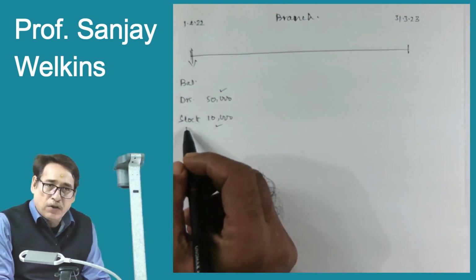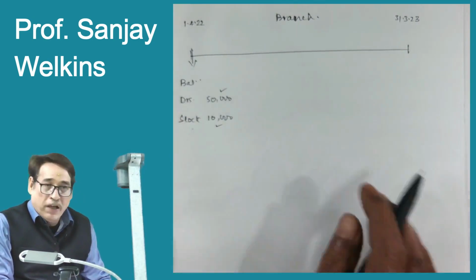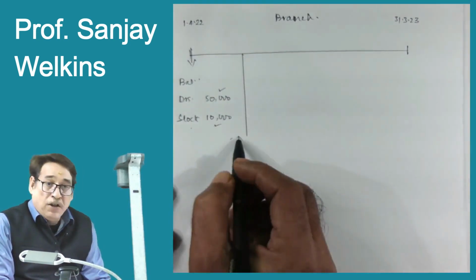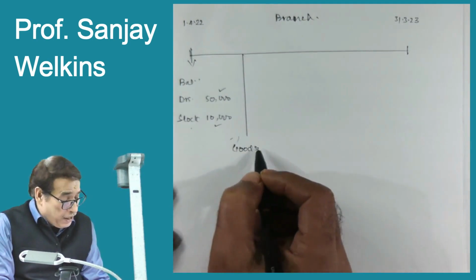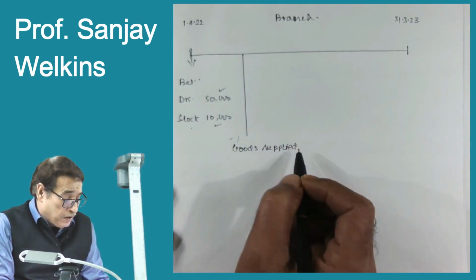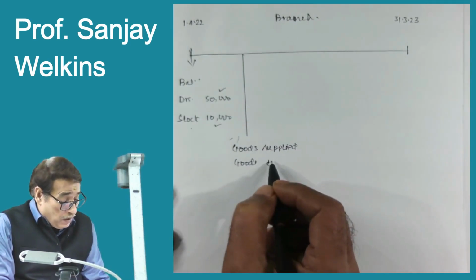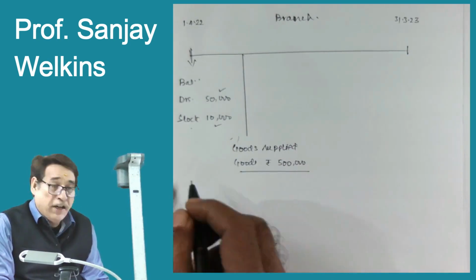So some stock was left and that is being brought forward. So this is nothing but opening balances. Let us say in the current year, goods were supplied by head office worth, let us say, 5 lakhs. 5 lakh worth of goods have been supplied by head office to the branch.